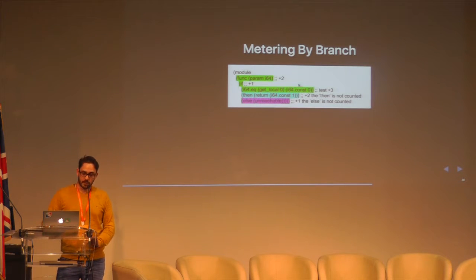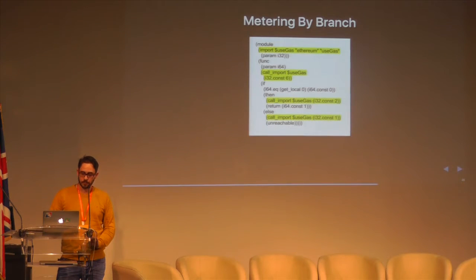So we have these 3 branches. We calculate the gas for each of these different branches. And we insert the metering statements before all of those. So here you see there's a metering statement for the if and the condition. There's a metering statement for the return, and there's another metering statement here.